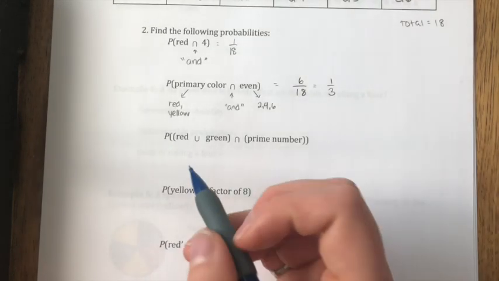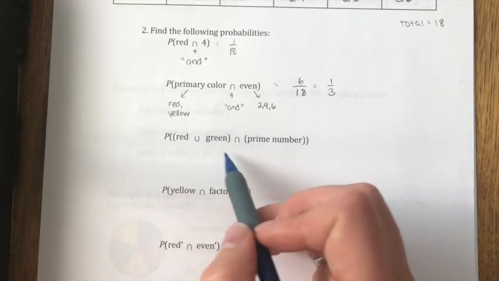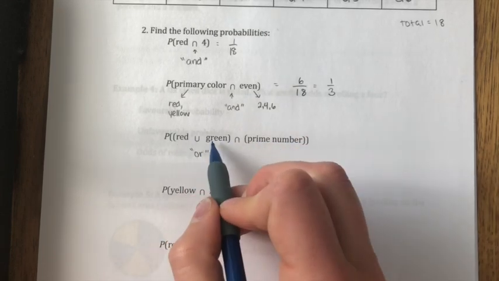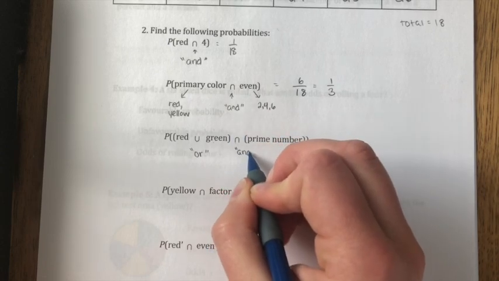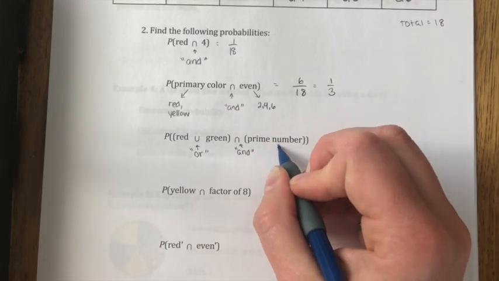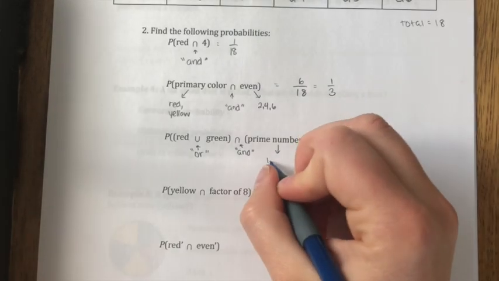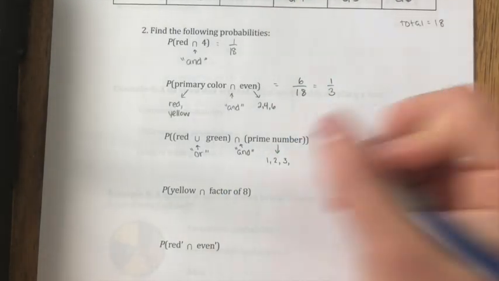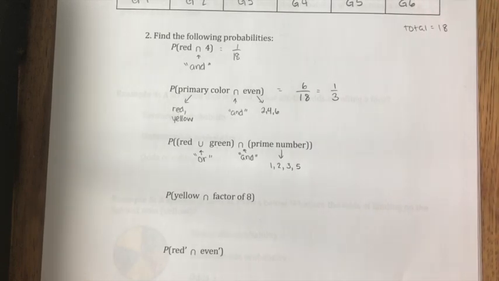Okay, now we're looking at the probability of, we've got 2 conditional statements here. So we have red, union, green. Remember that union is kind of like or. So red or green intersecting with and a prime number. So remember, prime numbers are anything that only, the only factors are 1 and itself. So 1, 2, 3, 4 you can get to by doing 2 times 2, so that's not a prime number. 5 and then 6 you can get to by doing 2 times 3, so again, not a prime number.